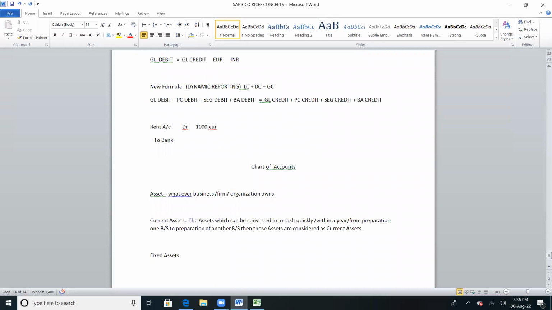So normally balance sheets will be prepared one after another. What will be the time gap? One year.